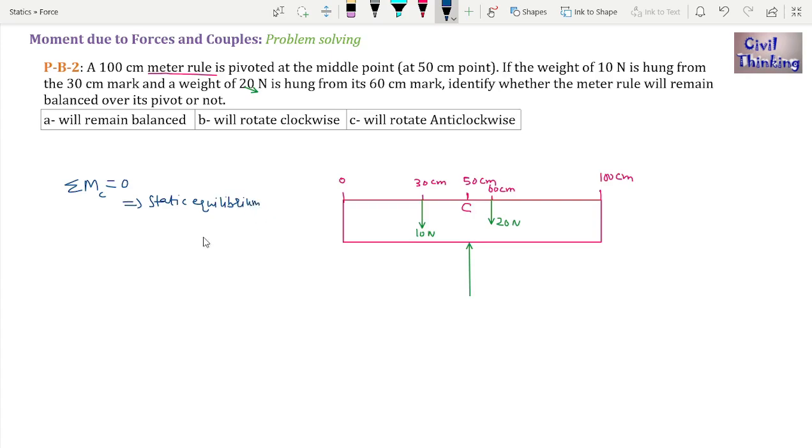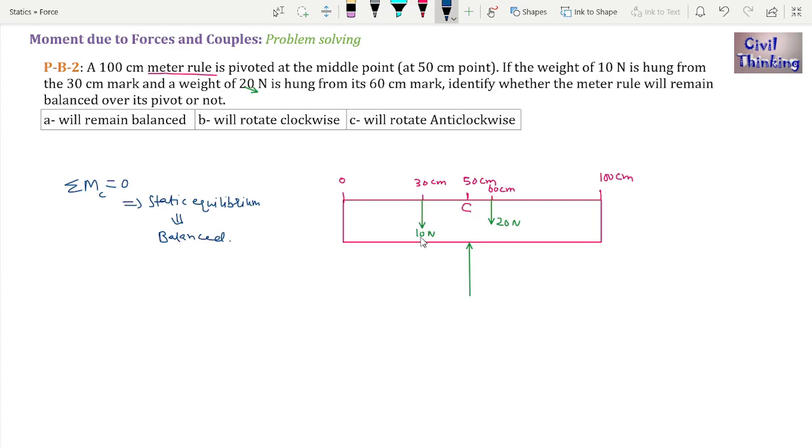What does that mean? Static equilibrium means the body will not move, it will not rotate. If you want to know more about static equilibrium, please watch my video lecture on static equilibrium. If the net moment at point C is 0, then it will be in static equilibrium, or balanced.